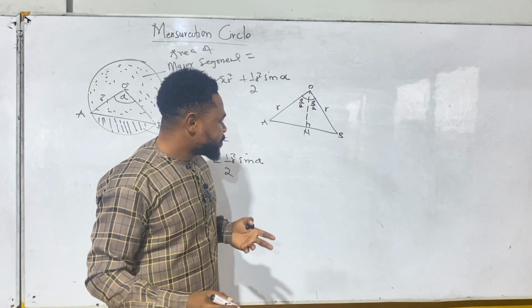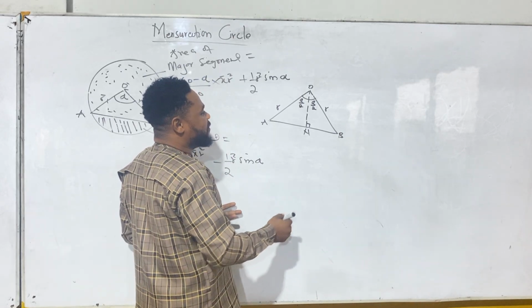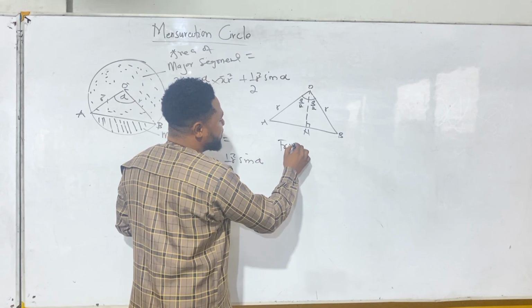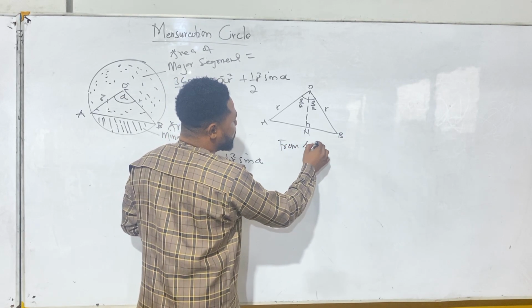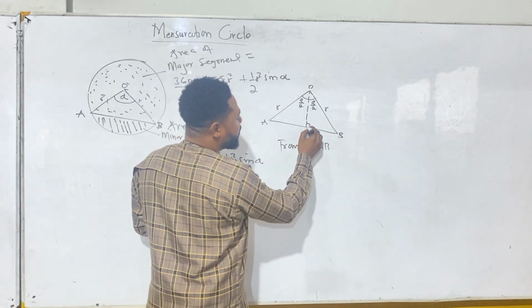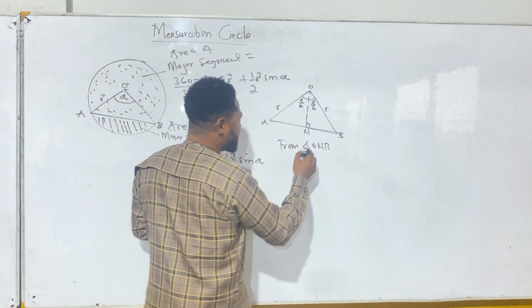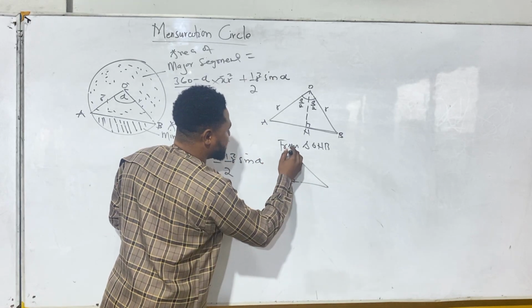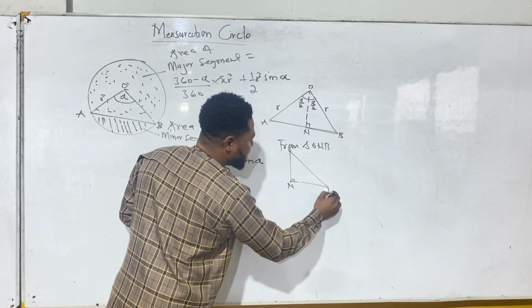So what can we do? Now, we are looking for half of it. So we can say that from triangle ONB, that is ONB, we want to look for this side. O is here, N is here, B is here.